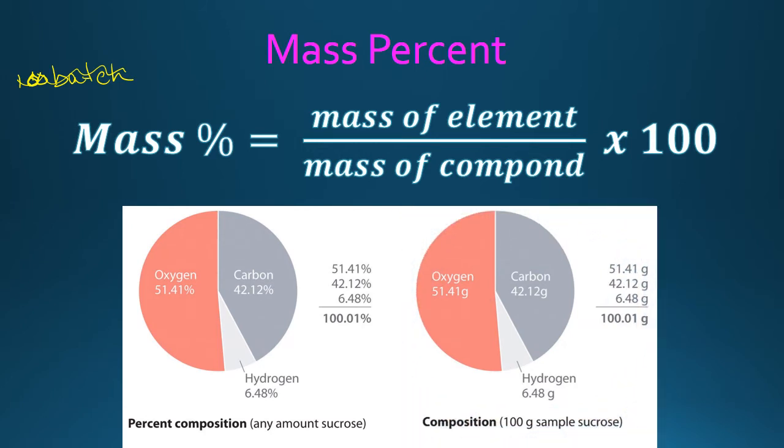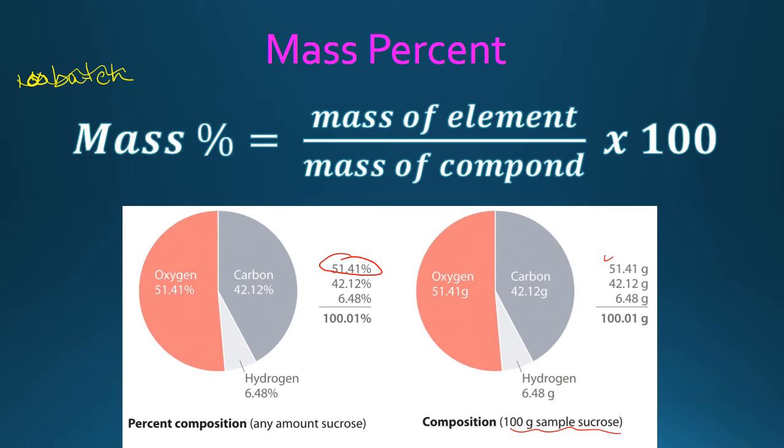So often, if we're only given percentages, it's nice to assume we have 100 grams, because the brilliant thing with making the assumption we have 100 grams is it just makes the math easier. But you could have any grammage. For instance, if I have 100 grams of sucrose, that means out of 100 grams, 51% of it is oxygen. 51% times 100 grams is 51.